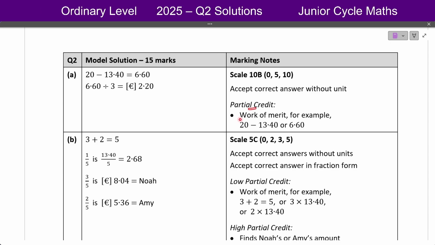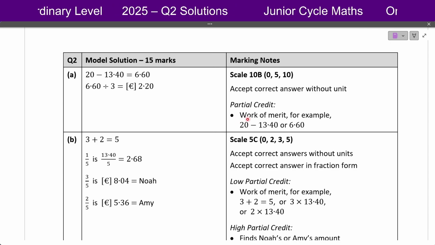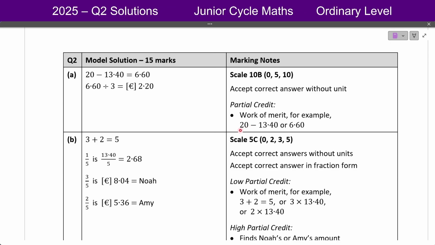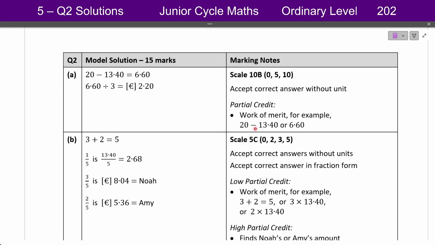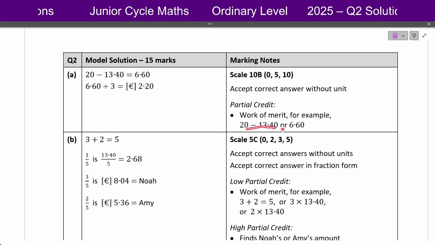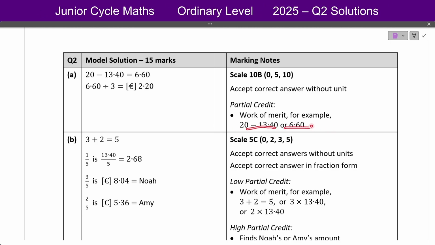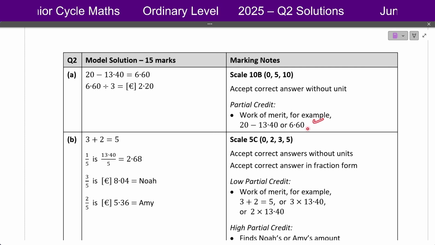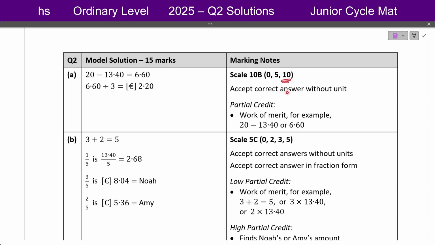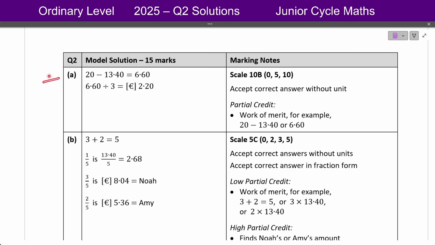In that case, we show some work of merit, for example computing only the total cost of the 3 bars, or we just write down the final value. 10 is the full mark we can get from part A.